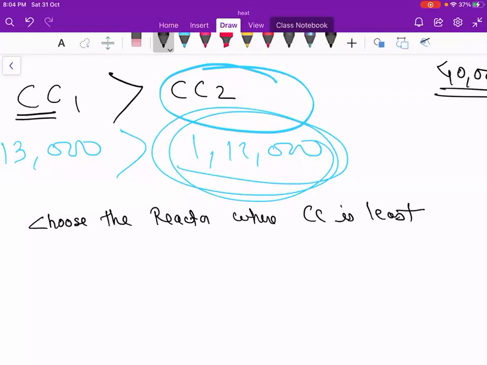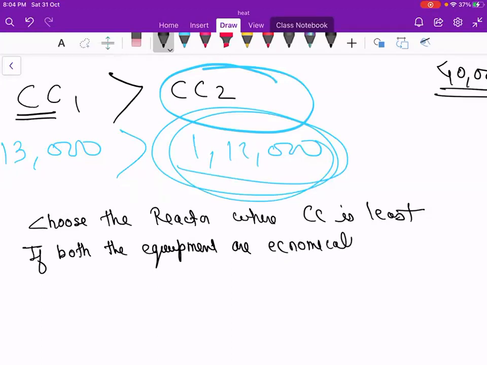Okay, and one point also, if both the equipment are economically equal, means CC1 equals to CC2.